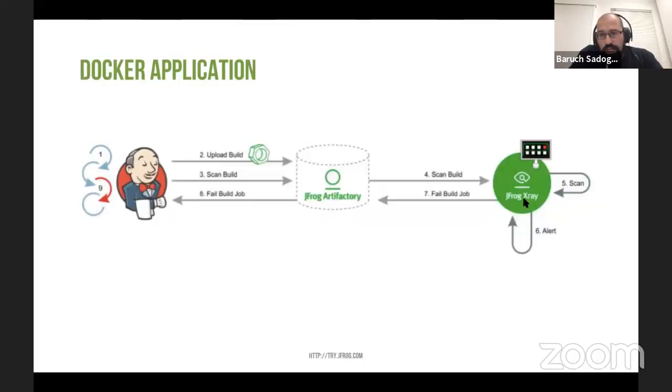So Artifactory asks X-ray to scan the build, and X-ray scans the build, and once something happened, it generates an alert that can fail the build job in Jenkins, and then the job is failed, and we get a failed build in Jenkins.